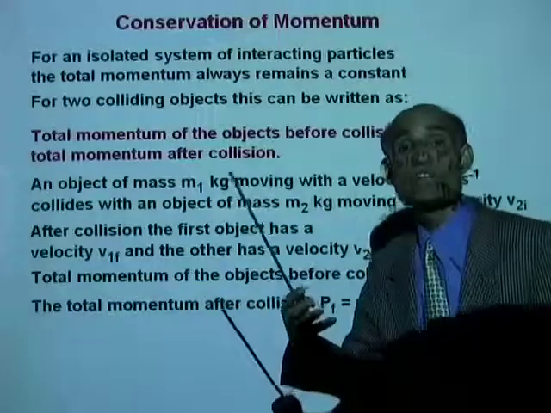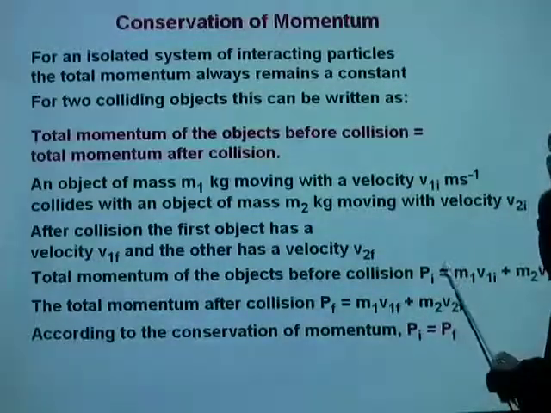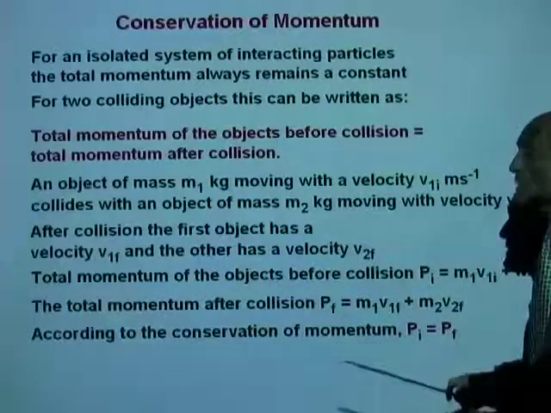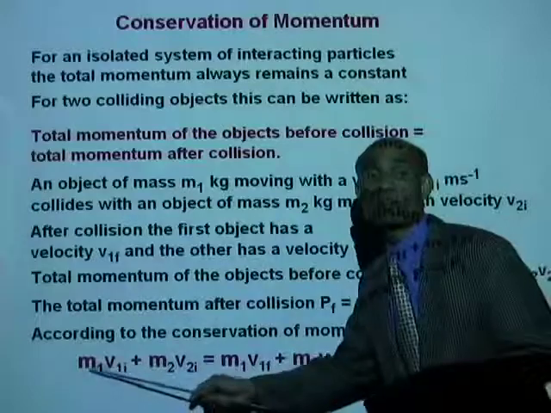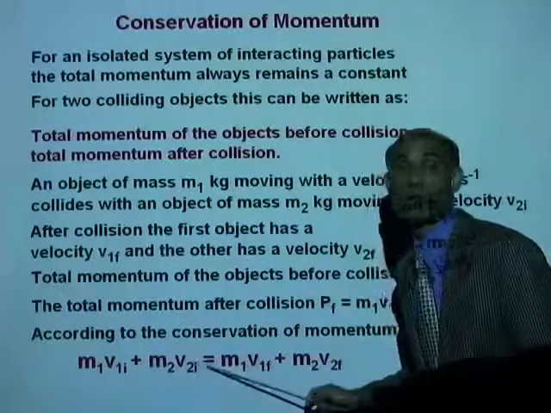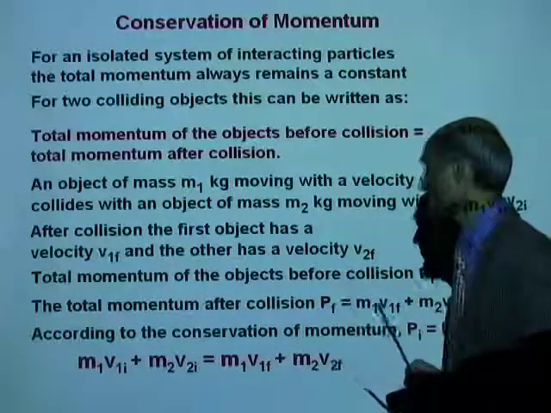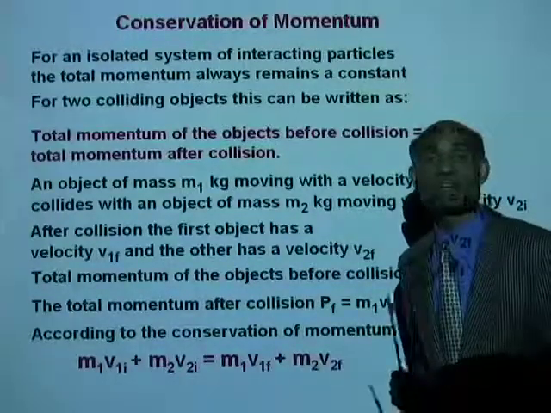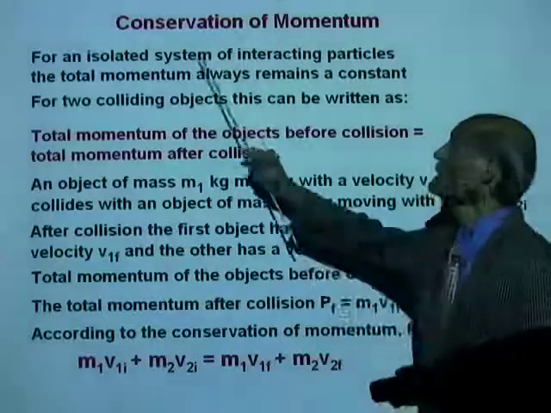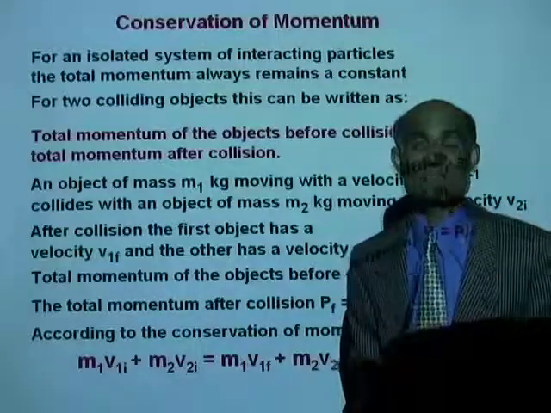If you apply the conservation of momentum, what do you get? Pi should be equal to Pf. m1 v1i plus m2 v2i must be equal to m1 v1f plus m2 v2f. And that is what the law of conservation of momentum says.